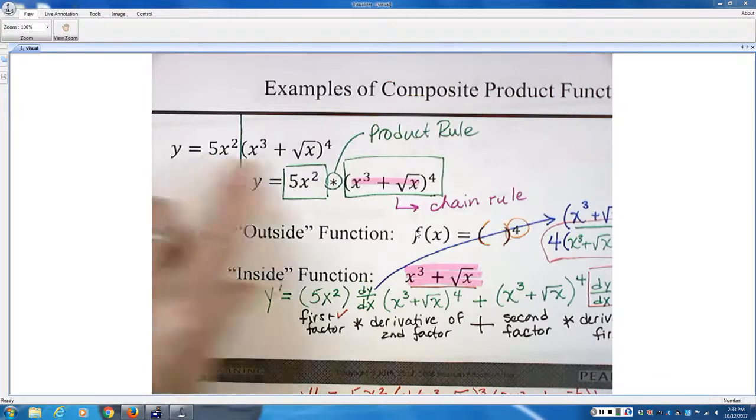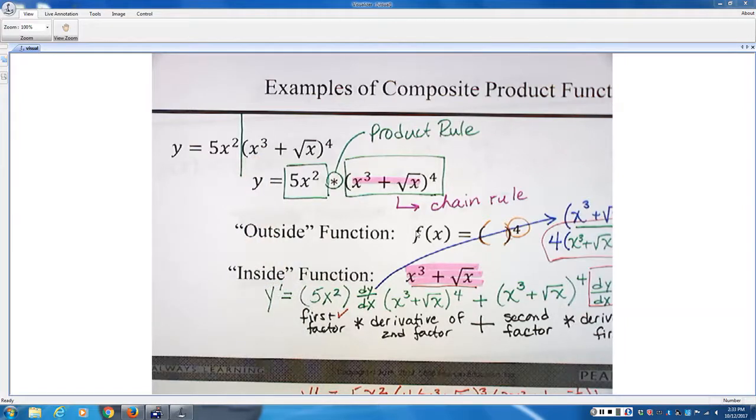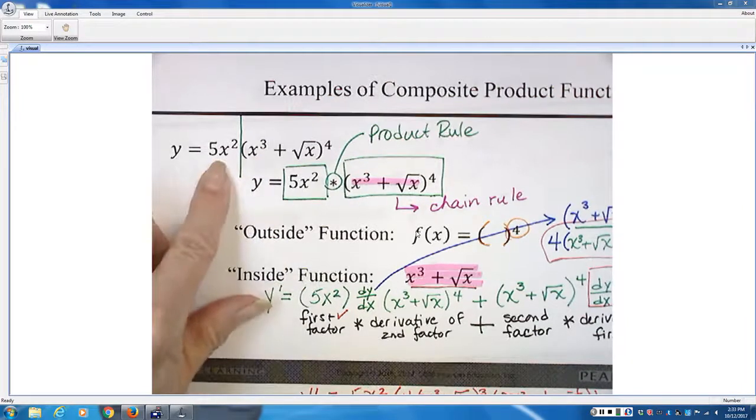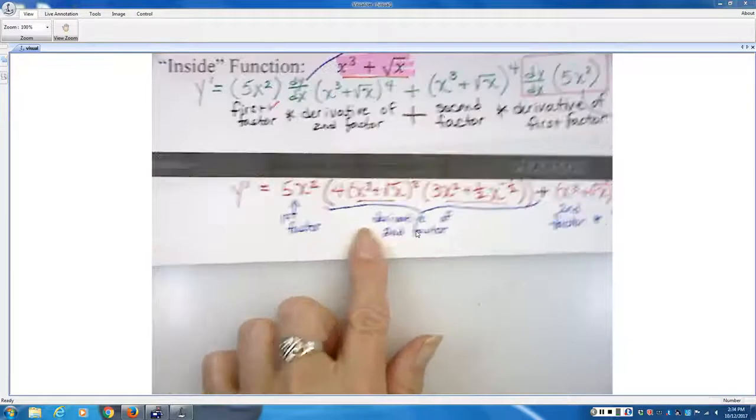And by the time you got done multiplying all of this out times itself 4 times, you have an expression that's still this long. And then you multiply it by 5x squared, and it's still this long. So it's not going to look any better than what that does.